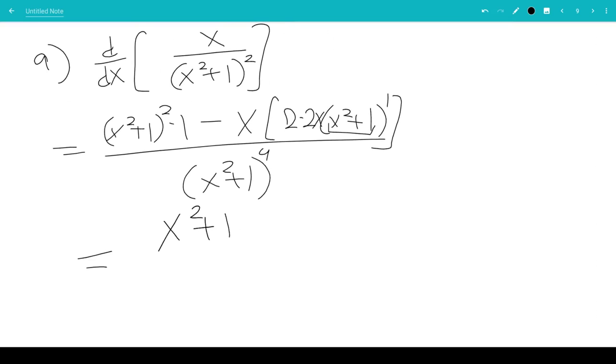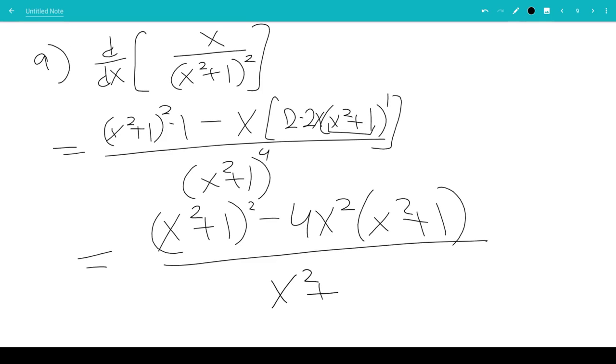So this will be x squared plus 1 squared minus, so this will be 2 times 2 is 4 times x is 4x squared, x squared plus 1, over x squared plus 1 to the 4th.